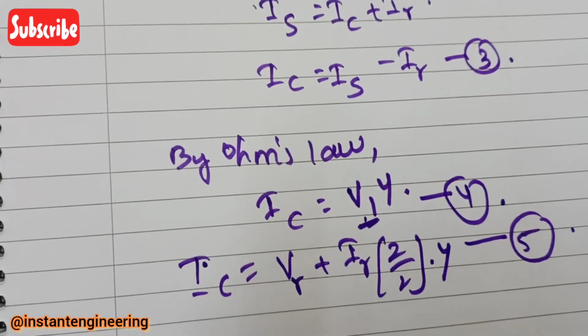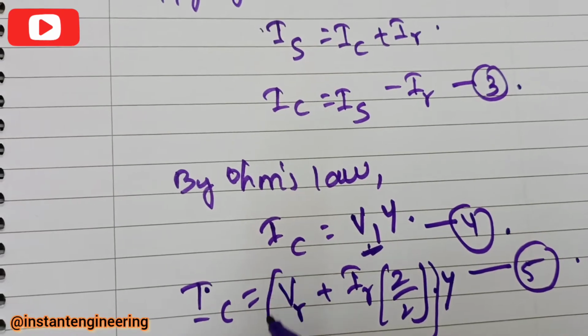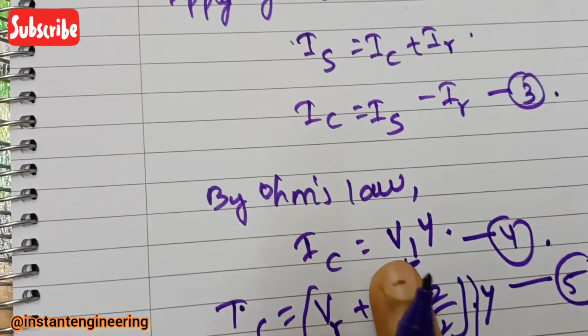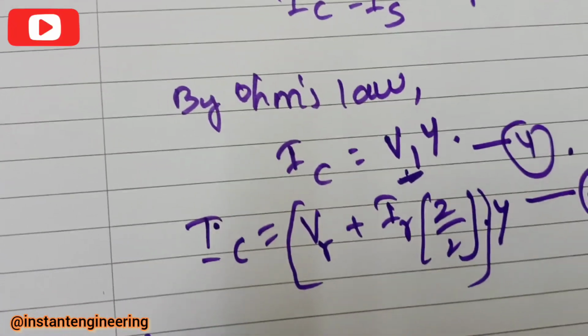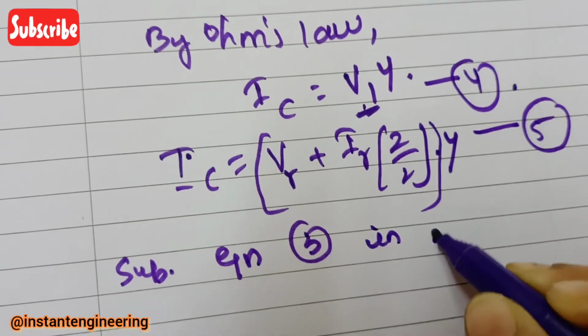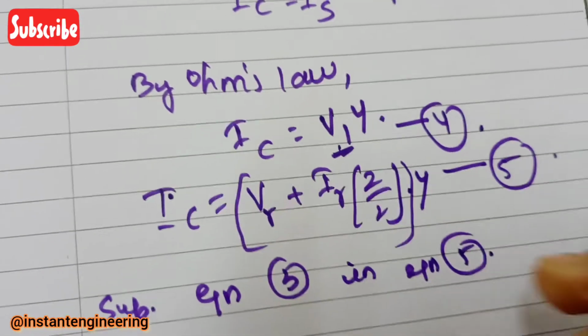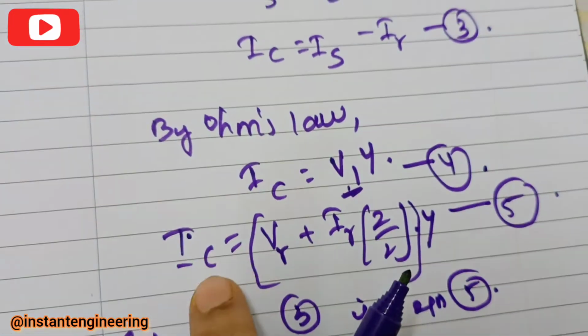Now we will see this whole term is into Y. This V1 we got from that one. Now substitute equation 3 in equation 5. What is the equation 3 here? IC is IS minus IR. Here IC is there.